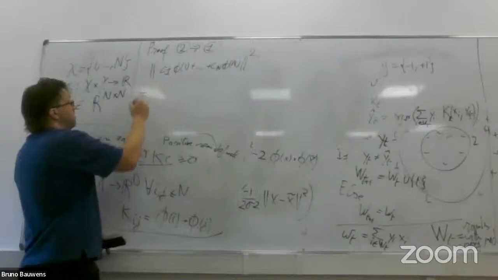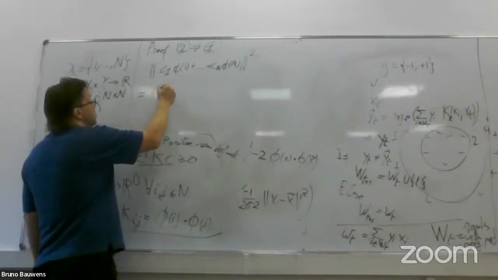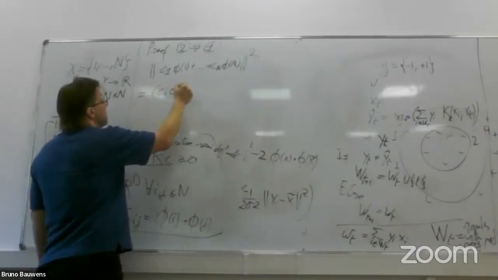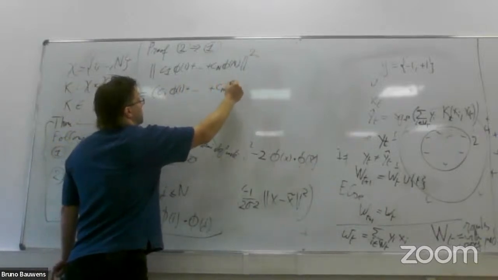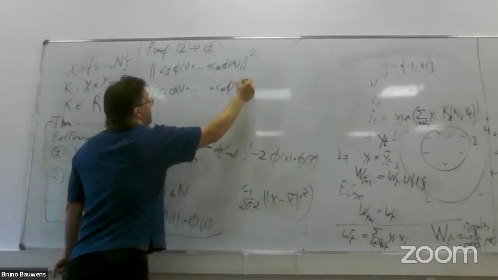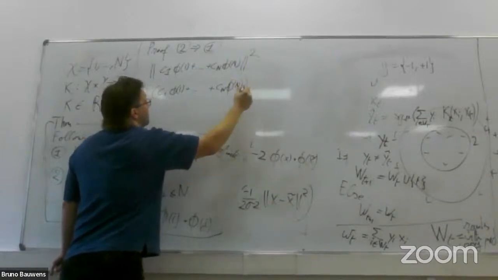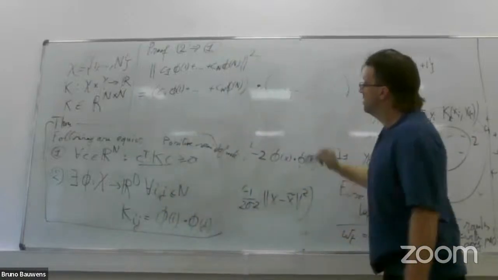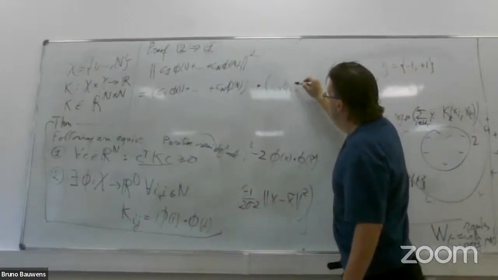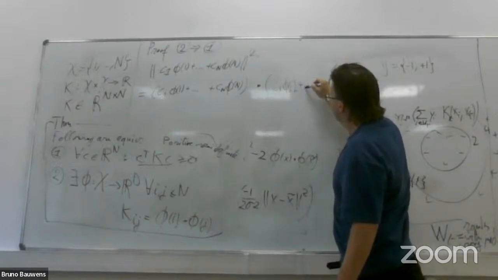Okay, let's write it. It is equal to c1 phi(1) plus ... plus cn phi(n), written as a dot product first, with the same vector on the other side: c1 phi(1) plus and so on.